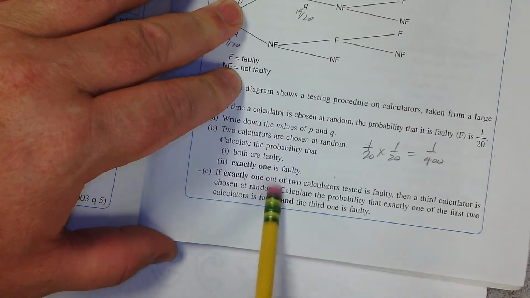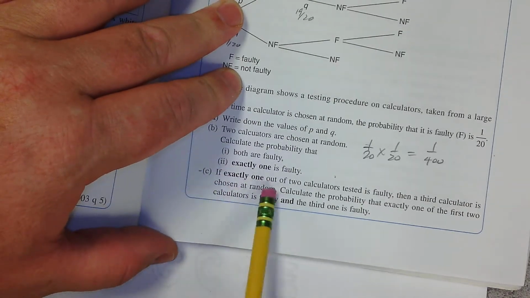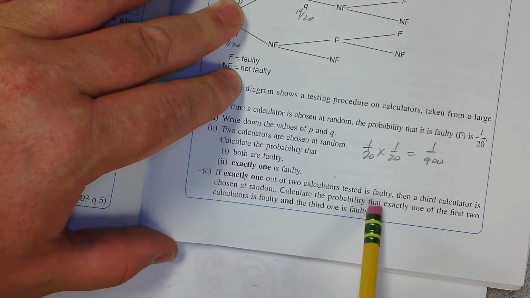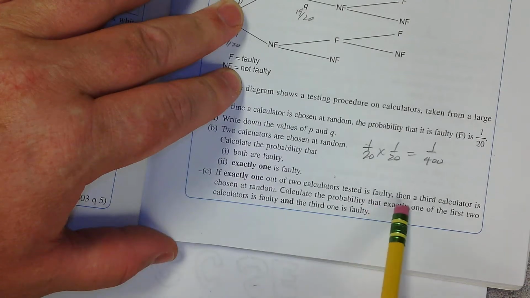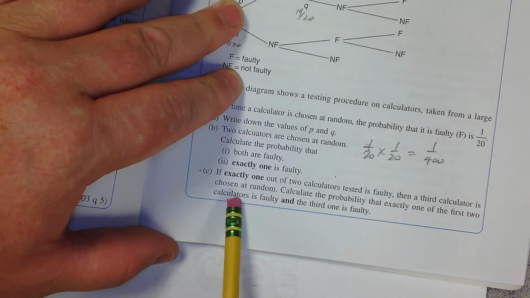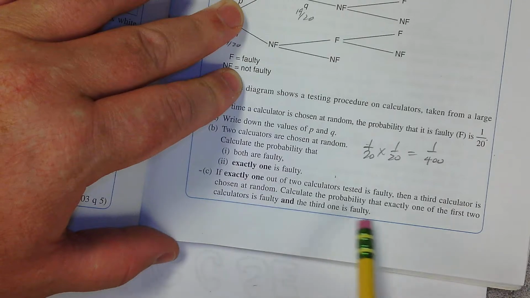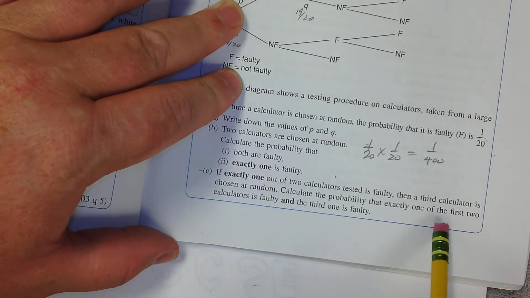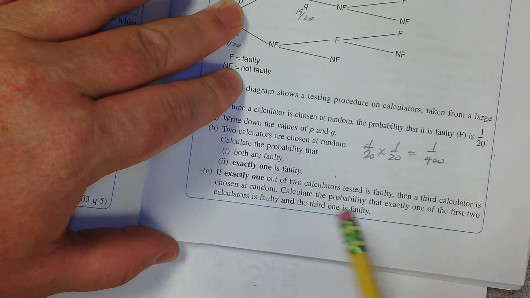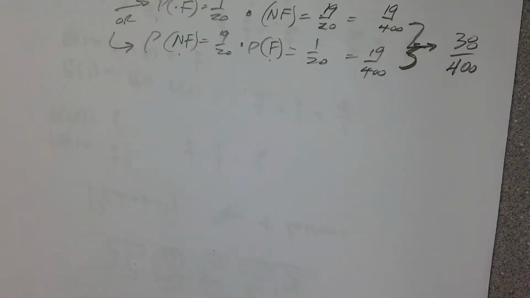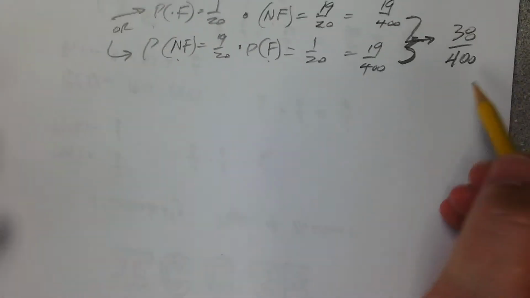It says exactly 1 is faulty. We got that. Now, if exactly one of the first two is faulty, then a third is chosen. Third calculator is chosen at random. Calculate the probability that exactly one of the first two is faulty, which we already did, and the third one is faulty. So here's what we've got. We've got this right here.